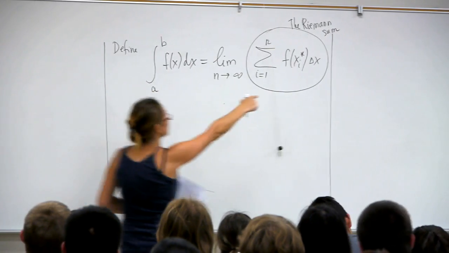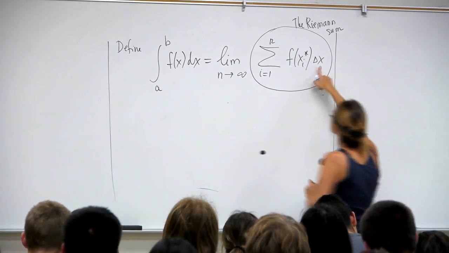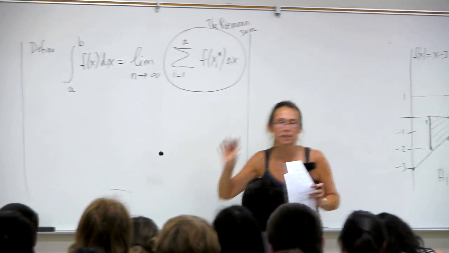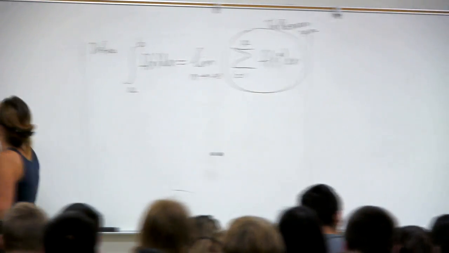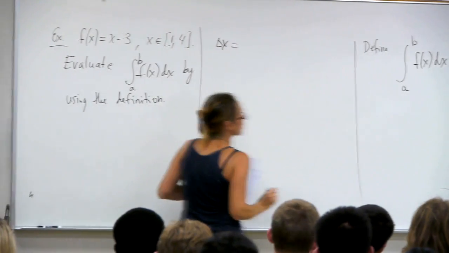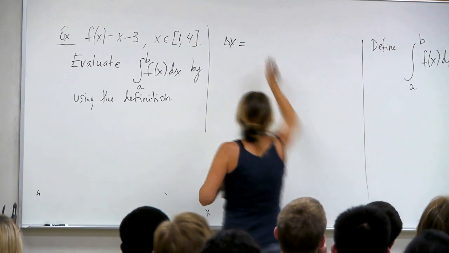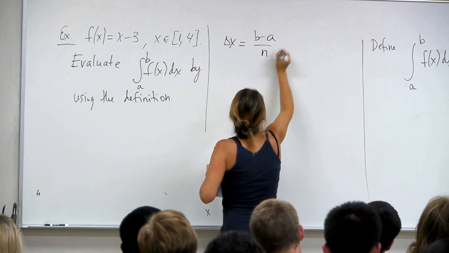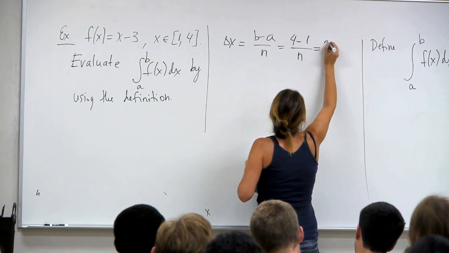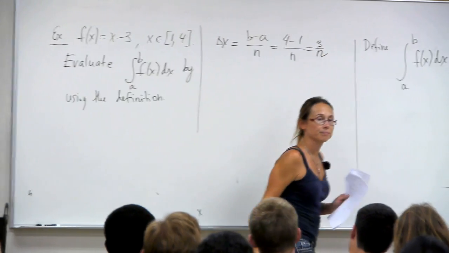In order to use the definition, I have to know delta x, xi star, and f of that amount. So let's do it step by step. The easiest one is delta x. We have to go b minus a over n. So it's 4 minus 1 over n is 3 over n. Questions?